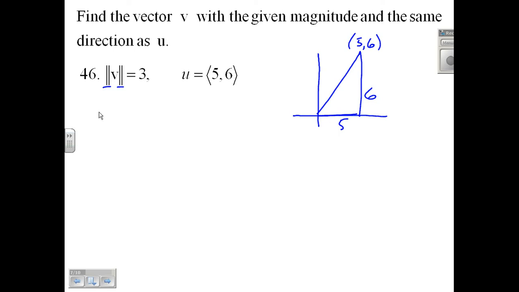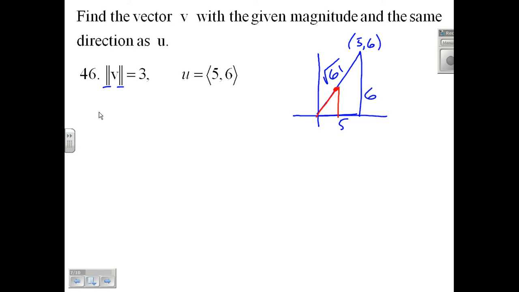Real quickly, by Pythagorean, 6 squared is 36 and 5 squared is 25, giving 61. This is the square root of 61. But I want to be in the same direction as 5, 6, or vector u, but I want to stop before I get there. I want to stop somewhere maybe around in here where I'm just over 3.